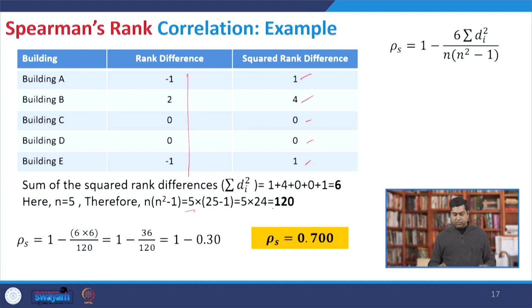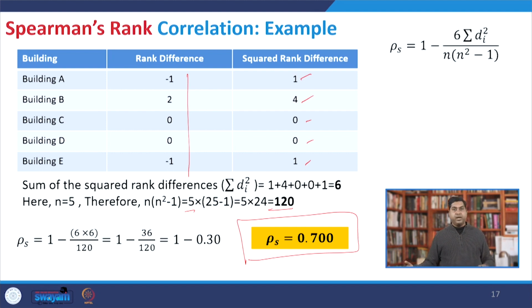And we finally derive the Spearman rank order correlation coefficient as 0.7. Fine.